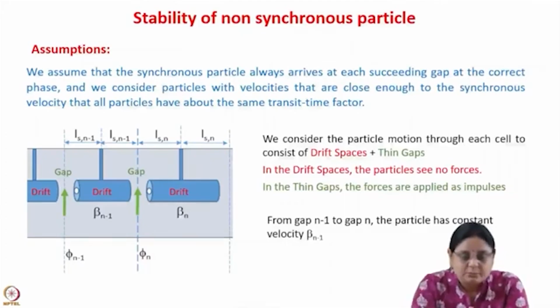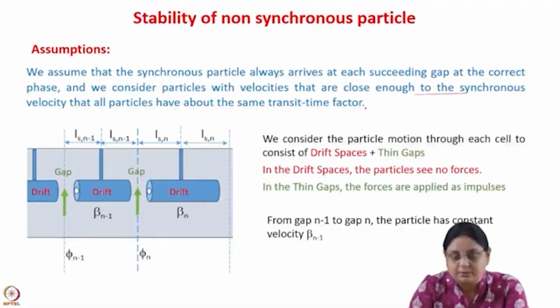Now, in order to understand the stability of the non-synchronous particle, we make some assumptions. We assume that the synchronous particle always arrives at each succeeding gap at the correct phase. And we consider particles with velocities that are close enough to the synchronous velocity so that all the particles have about the same transit time factor.